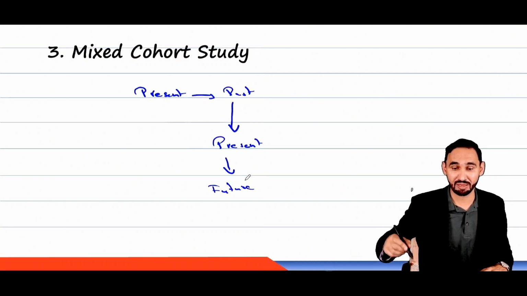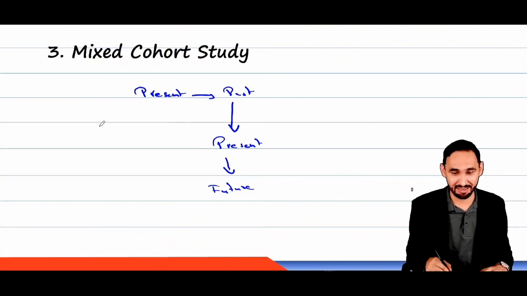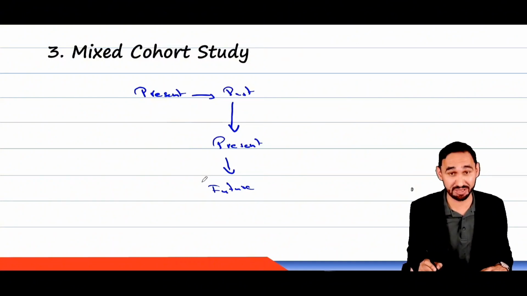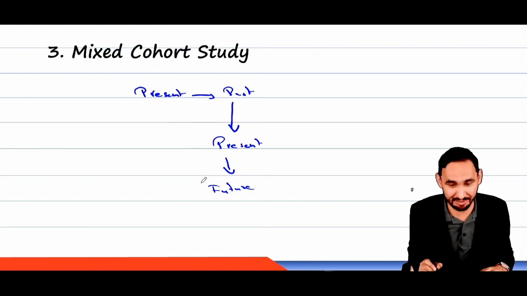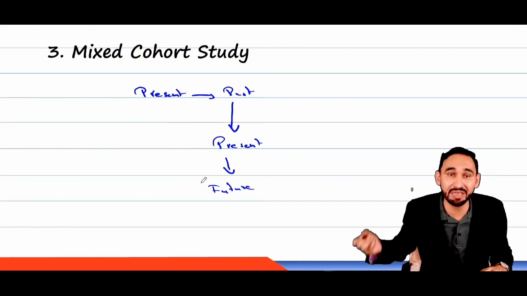Then we move to the present and say that exposure to uranium causes lung cancer. Then we move forward in the future to see the complications, the severity, the outcome, the mortality due to lung cancer caused by uranium. This is mixed cohort study.